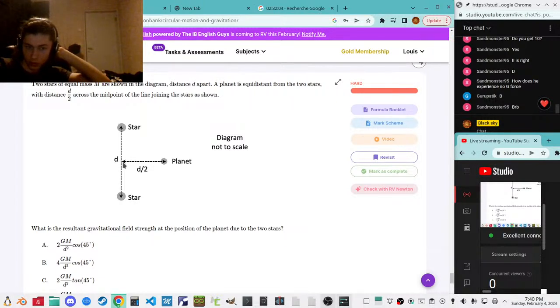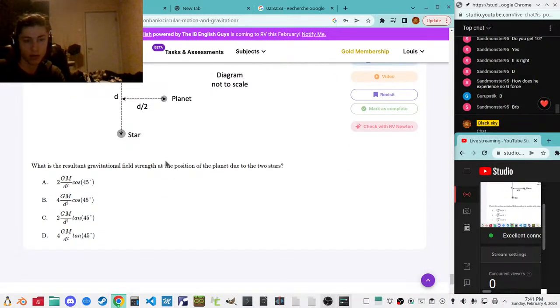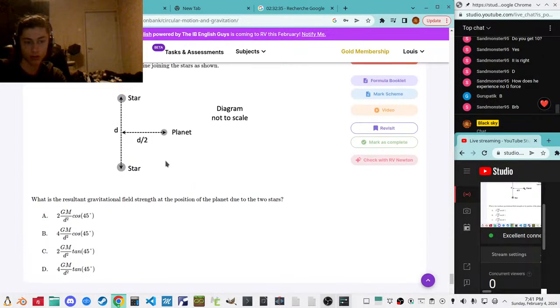Okay, let's just do the resultant. GM divided by R squared. I think it is C.